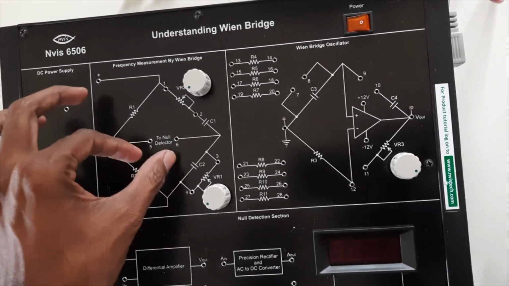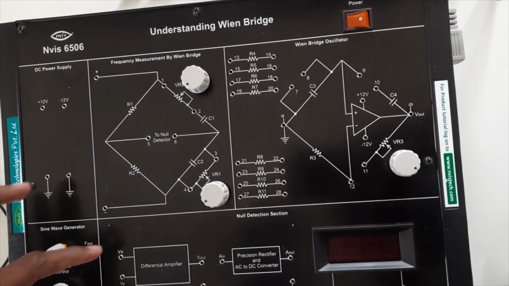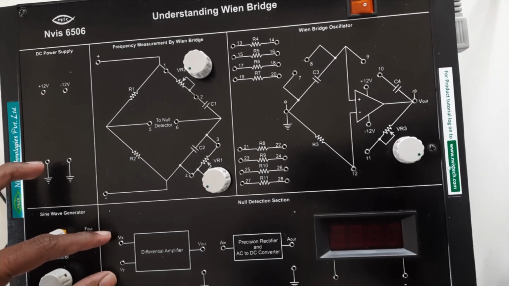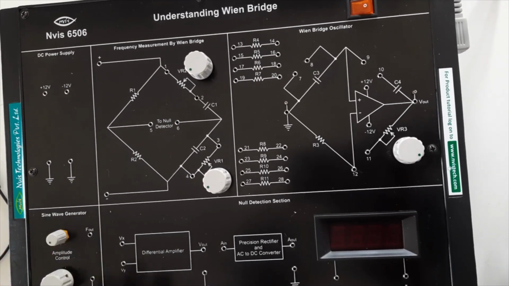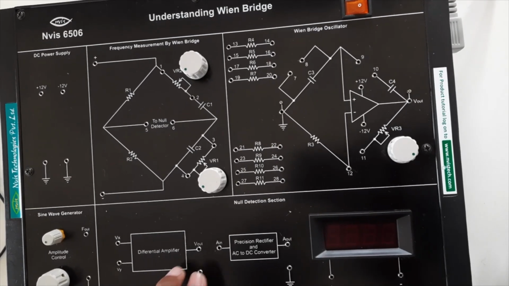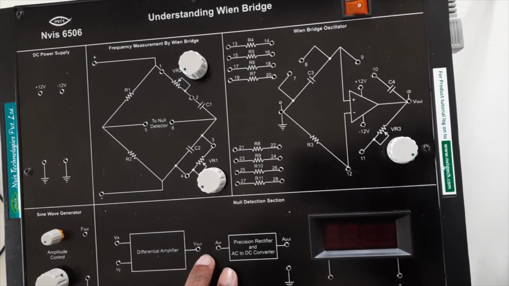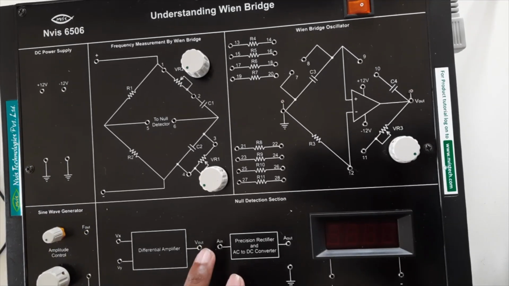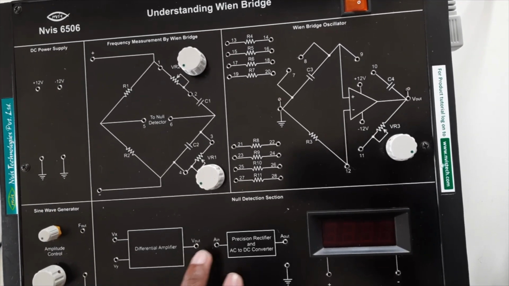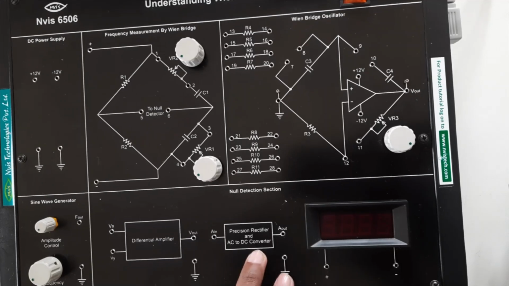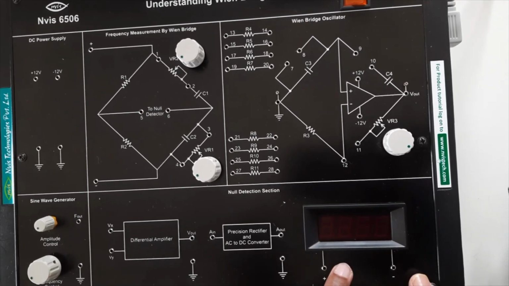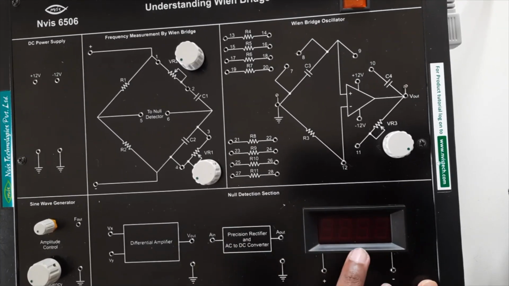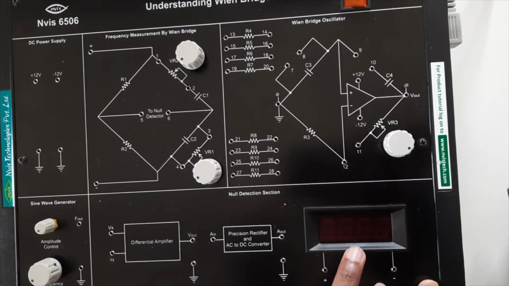At these two terminals we are going to identify the deflection or output. This null detector output we are going to apply to the differential amplifier input side, Vx and Vy. This differential amplifier will give an analog output which is proportional to the difference of these two inputs. Then the analog output of the differential amplifier will be given to this AC to DC converter, because here we are going to display the reading on a 7 segment display which operates for DC only.